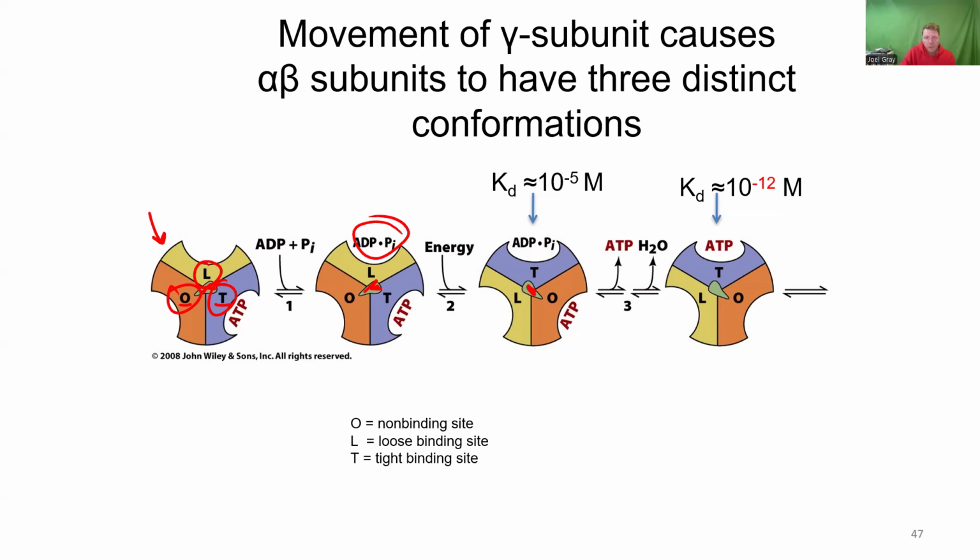So the way that I think about this is this loose binding site. Could anyone tell me what you can make a diamond from? Carbon, yeah. I'm thinking about coal.